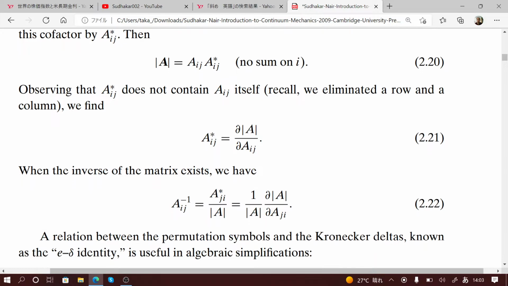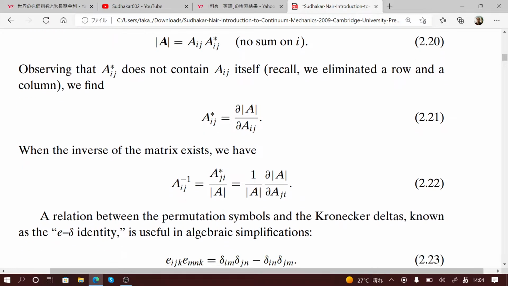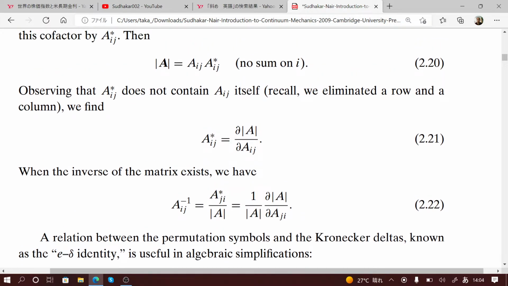Observing that Aij star does not contain Aij itself, recall that we eliminated a row and a column, we find that the cofactor Aij star equals the partial derivative of determinant A with respect to Aij.